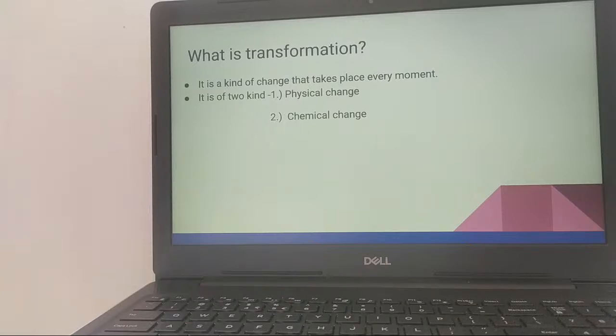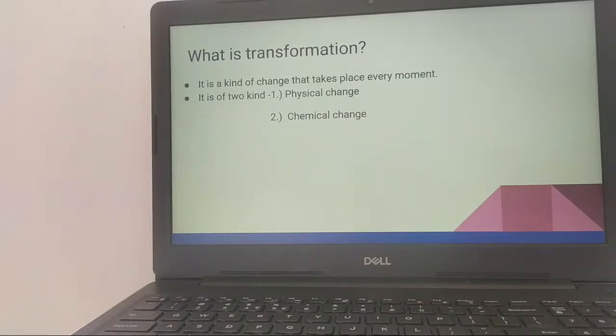What do we call it? A chemical change. Whenever a substance undergoes a chemical change, we say that it has been transformed into another substance.